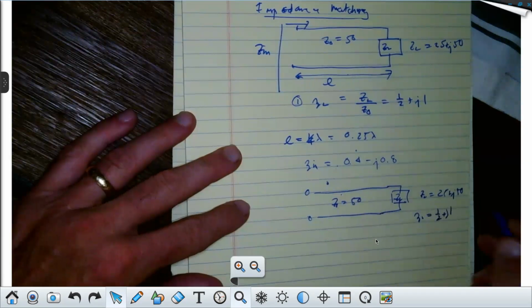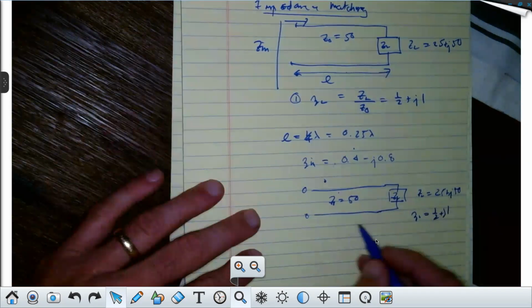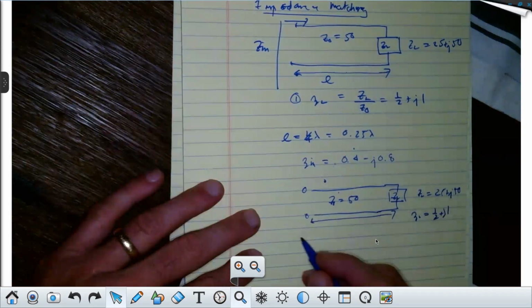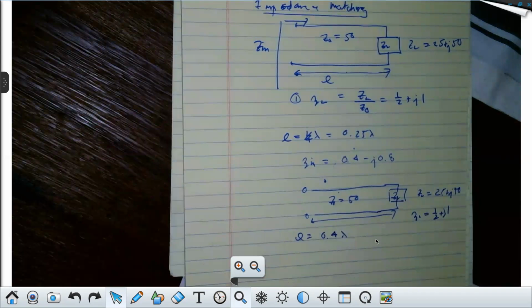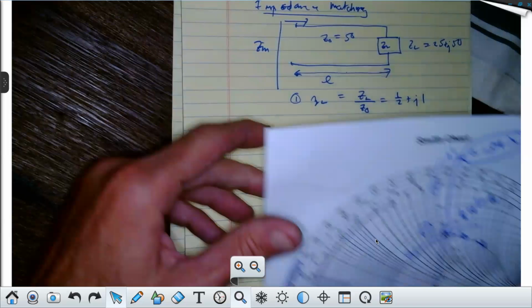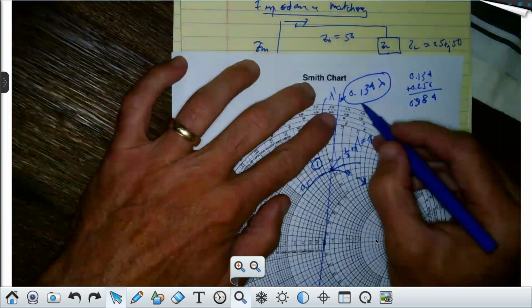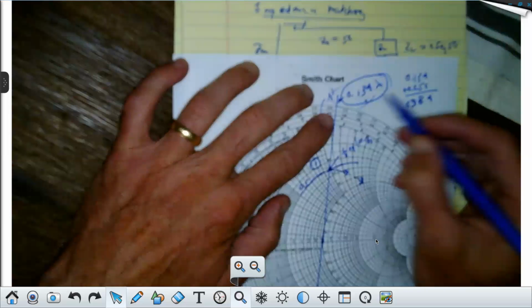That's all the same. But now I'm going to say let the length of this line be equal to 0.4 lambda. Now, follow me on this. My original point was right here. That's where I came in at, right? You all follow me?